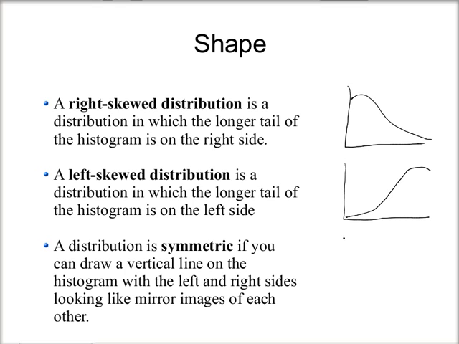And finally, a symmetric distribution can look something like this. So I've got a peak in the center, and if I draw a line down the middle here, I've got mirror images on either side of my dotted line.